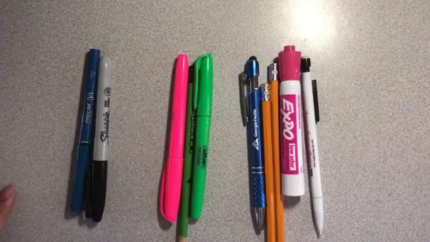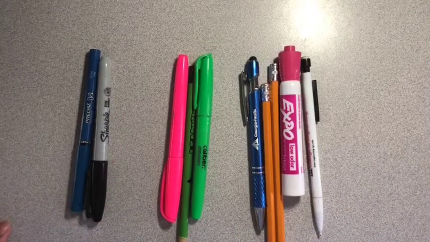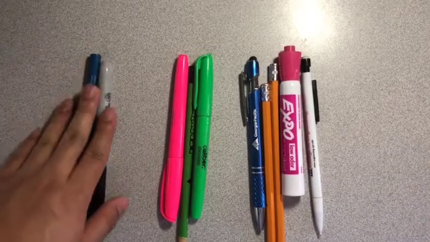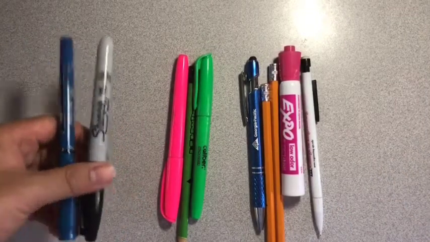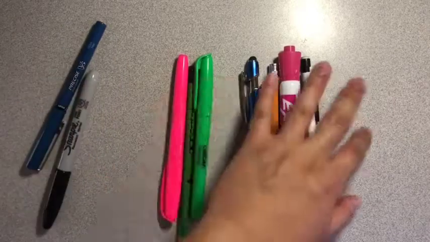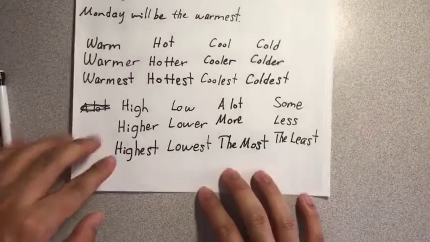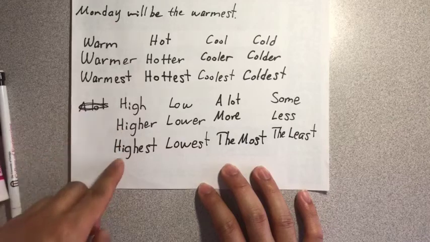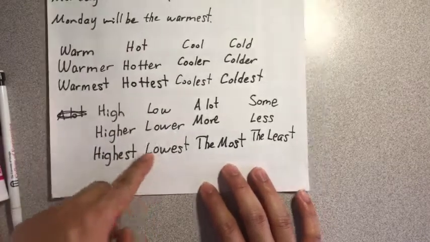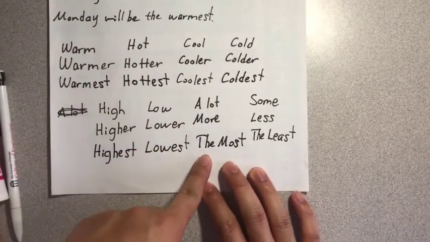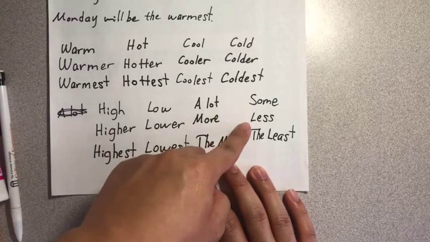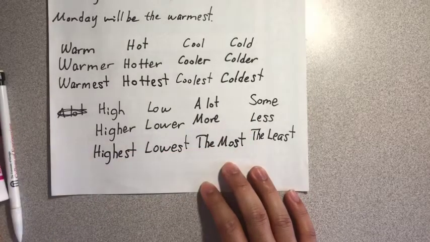Now I have 3 piles. Which one has the least? The left pile has the least. It only has 2 markers. So that's high, higher, highest, low, lower, lowest, a lot, more, the most, some, less, and the least.